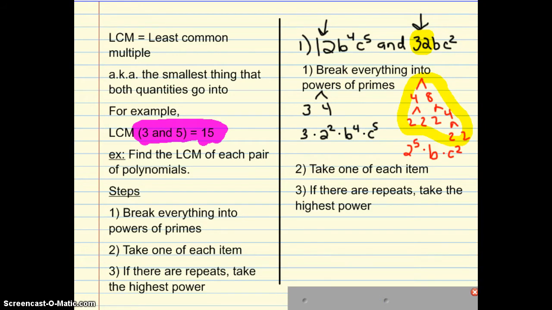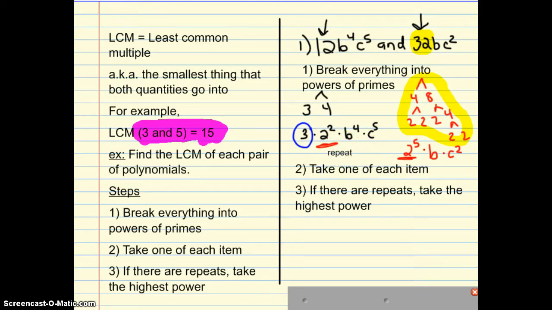Now that's really probably a bit confusing. Let me show you. 3, I just have 1 3, so I'm going to take that. Now the 2's, I've got 2 squared and 2 to the 5th. That is a repeat.